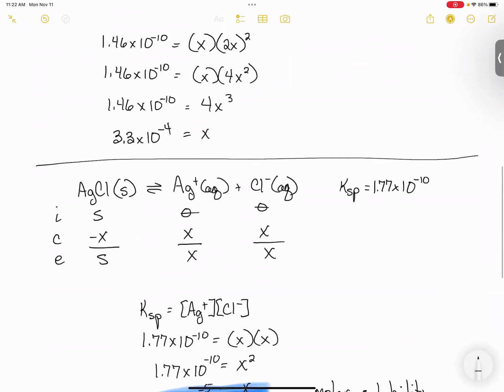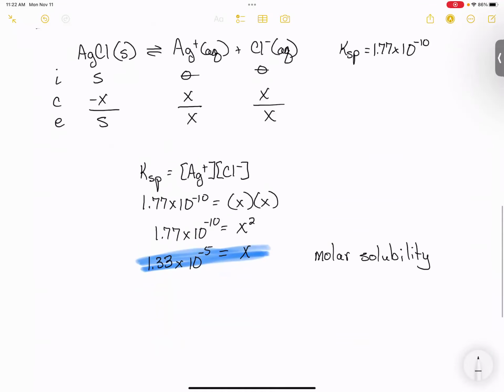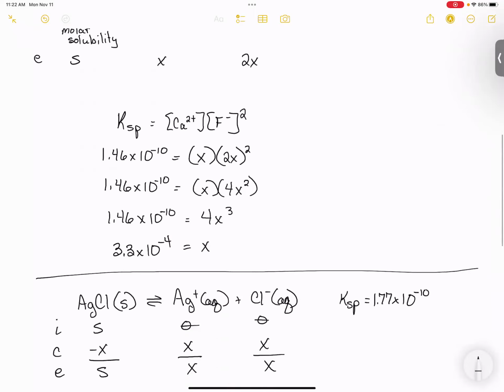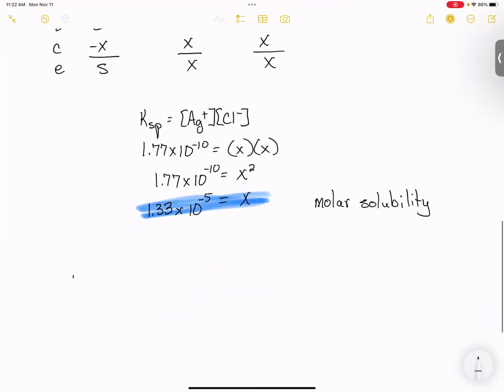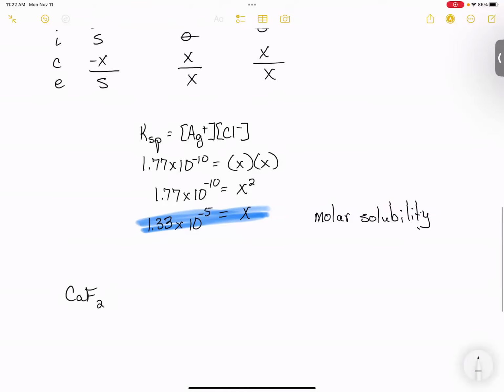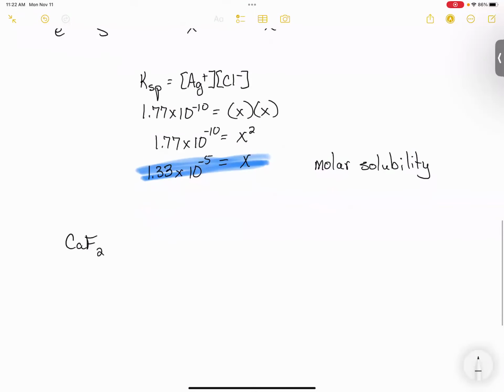So what I want you to note is I gave you calcium fluoride with its equilibrium constant of 1.46 times 10 to the minus 10.